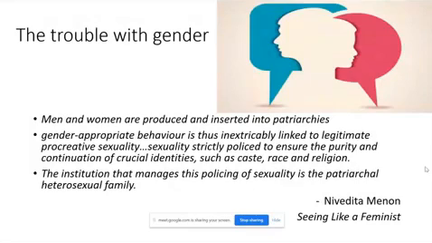So sexuality is again strictly policed to ensure the purity and continuation of crucial identities such as caste, race, and religion. So again, she is bringing in intersections of other elements. And the third and the most important thing, which even Bell Hooks talks about, and Althusser also talks about, is the ideological apparatus that are at work. So the institution that manages this policing of sexuality is the patriarchal heterosexual family.